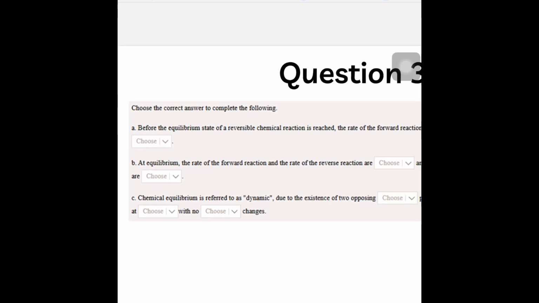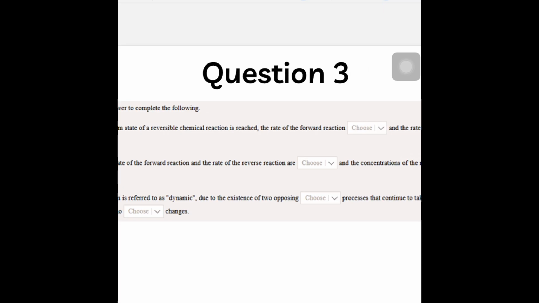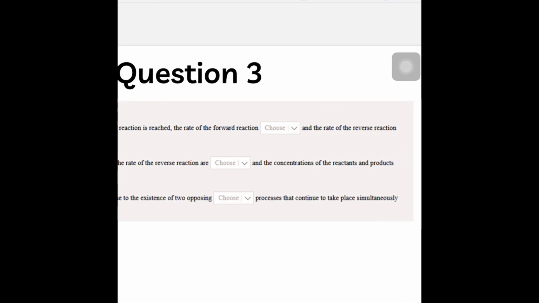Question 3. Before the equilibrium state of a reversible chemical reaction is reached, the rate of the forward reaction decreases, because when I'm reaching equilibrium, the forward reaction is going to decrease, whereas the reverse reaction is going to increase.